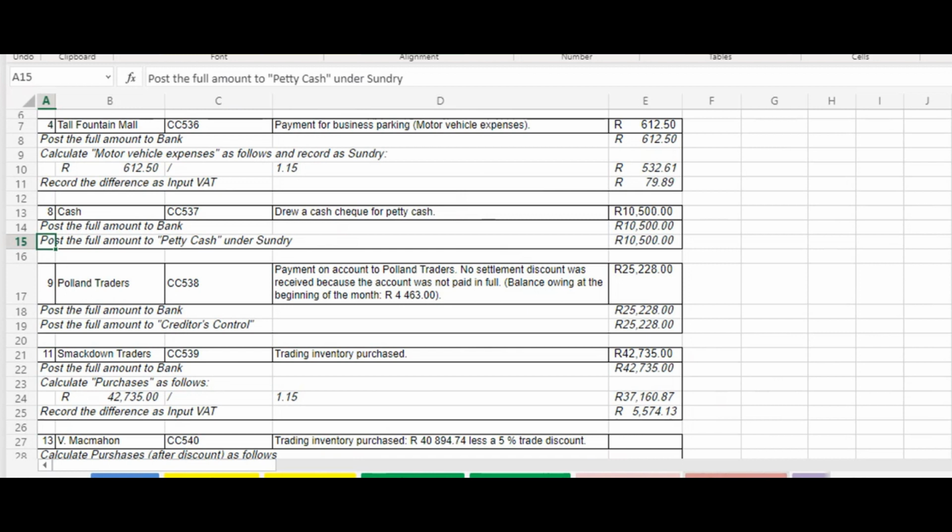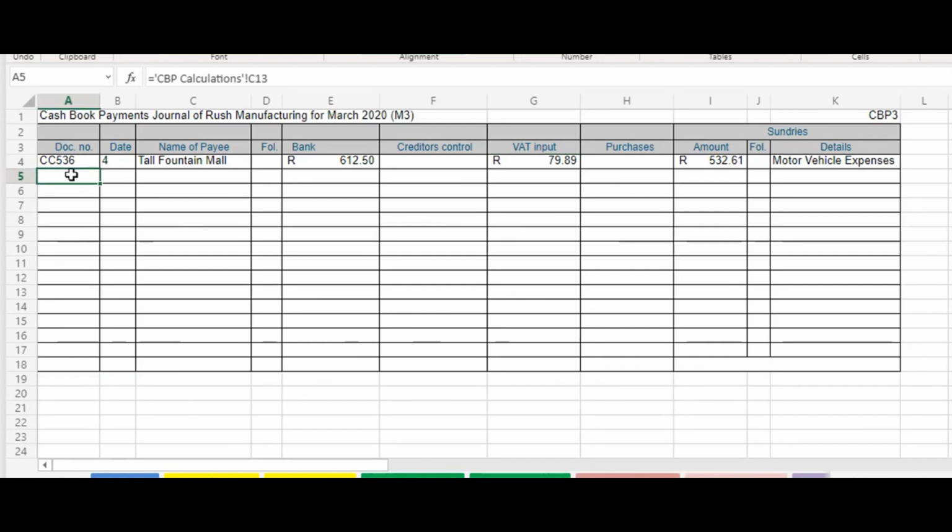So what we do here, we fill in the document number that was given, on the date that's given. Okay, we know that it's cash, and the full amount to bank.